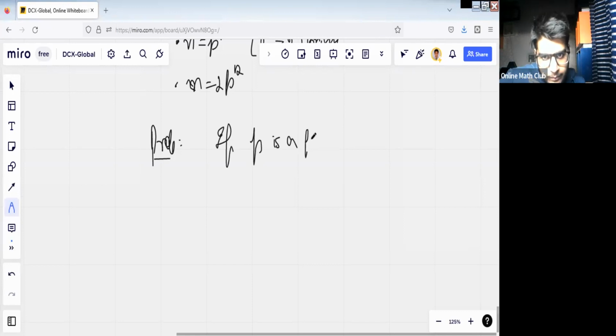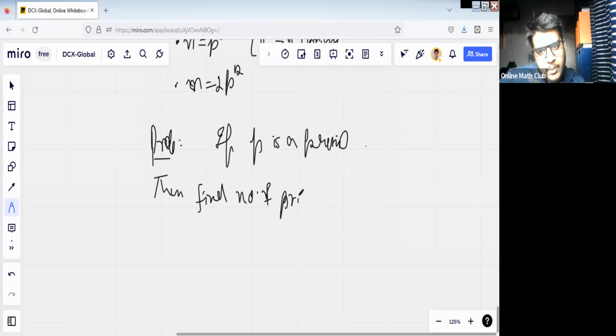If p is a prime, then find the number of primitive roots mod p.